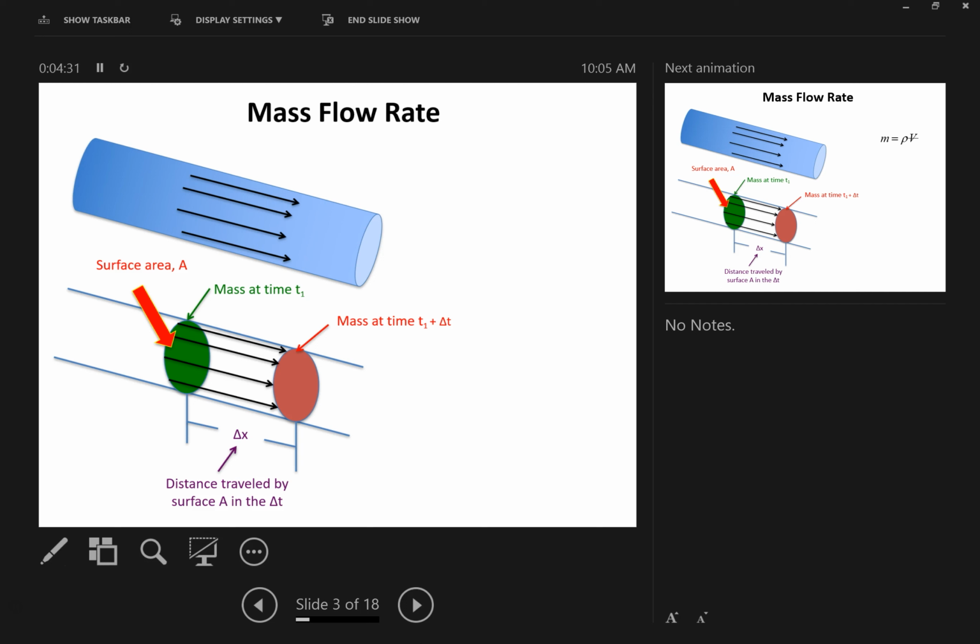I'm just showing you where mass flow rate, that rho A V, comes from. This is a general idea: you start with this, and it moves down a certain distance in a certain time. Let's first start with mass, which is rho times volume. Volume in this case is your area times delta x, the area of that cylinder between the green and the red.